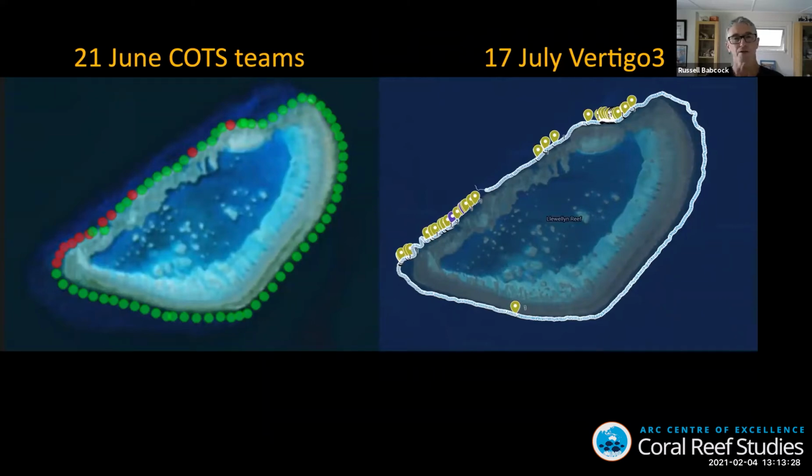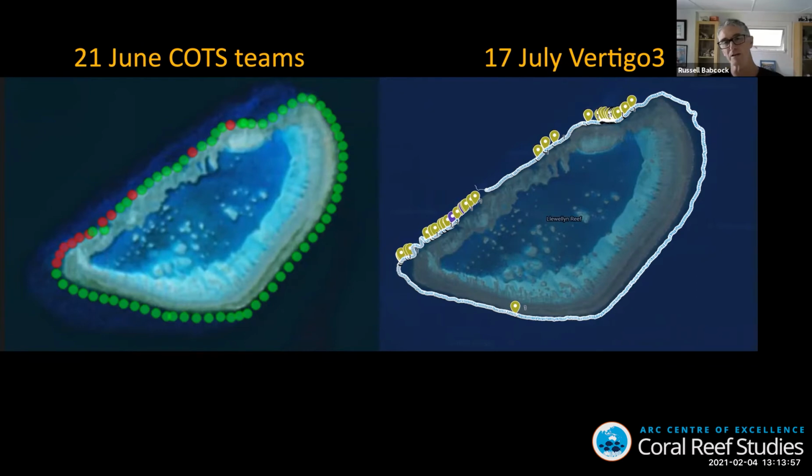So here's Fitzroy Reef, and in June, the COTS control team went to this reef to conduct control culling operations. And before they did that, they did what they usually do, which is tow around the perimeter of the reef and find where the starfish are so that they can target their operations. And each of those red dots represents a crown-of-thorns or a sector of reef, a 2-minute manta tow where a crown-of-thorns was seen.